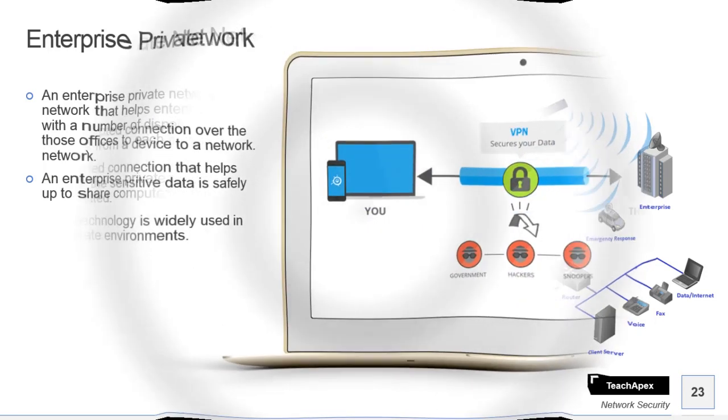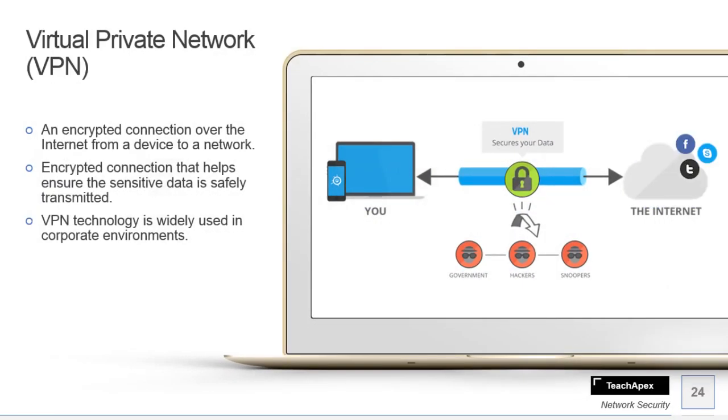All right, then at last we have virtual private network. You can see virtual, the network which is virtual. A virtual private network extends a private network across a public network, and it enables users to send and receive data across shared or public networks as if their connecting devices were directly connected to the private network.